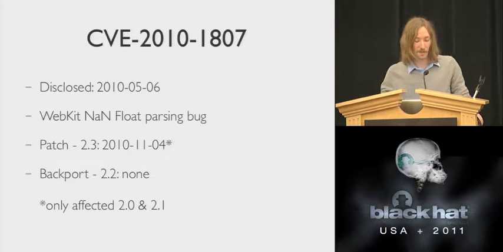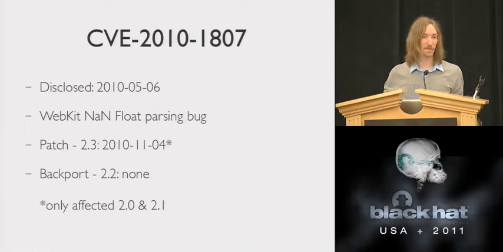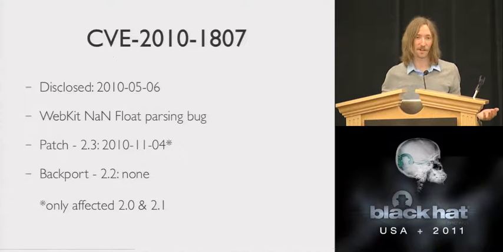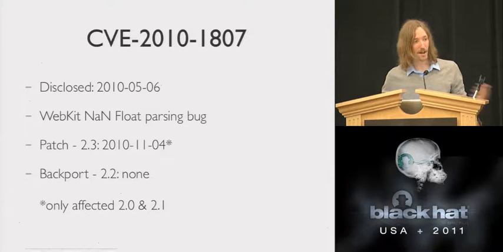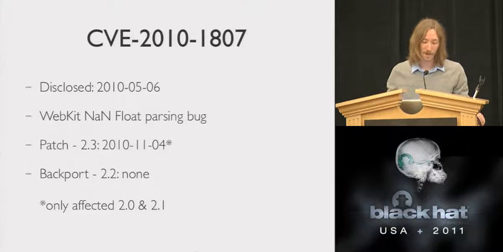This is CVE 2010-1807. This is a WebKit NaN float parsing bug that allowed remote execution. This bug in itself didn't give you root, but this can be layered with a kernel bug, or if you exploit something that's using WebKit and it has permissions to access other data, you don't necessarily need to be root to do that, so you'll have access to that data as well.